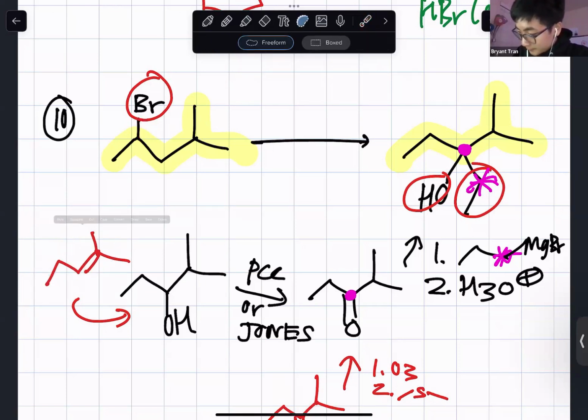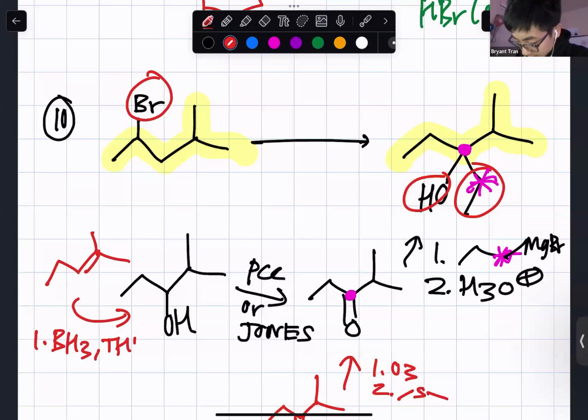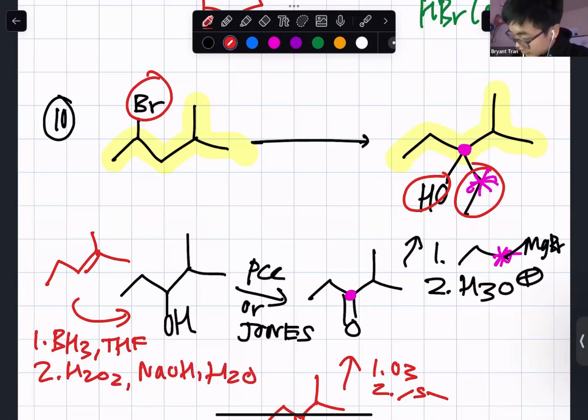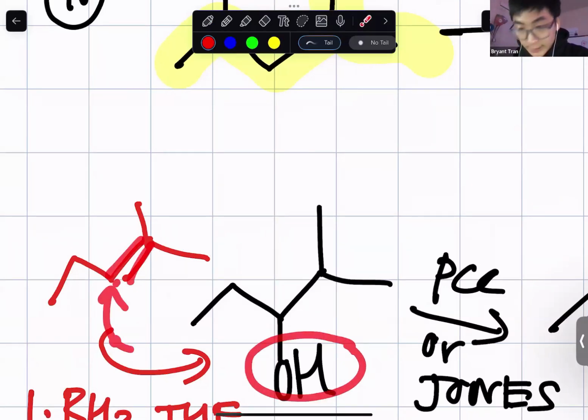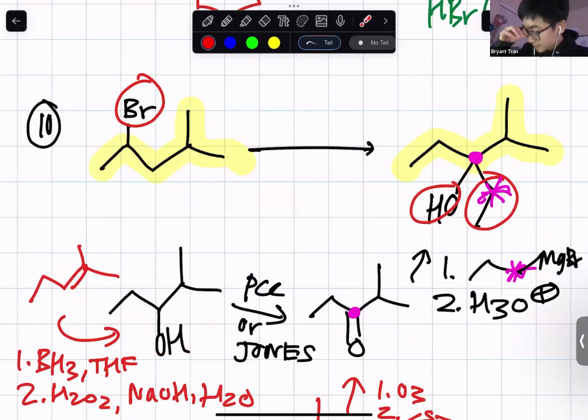If we have this alkene right here and we want to add an alcohol on the less substituted position, that's going to be hydroboration oxidation. First step, BH3, THF. Second step, H2O2, NaOH, water. If this was our alkene right here and we did hydroboration oxidation, we add the alcohol on the less substituted, anti-Markovnikov position.